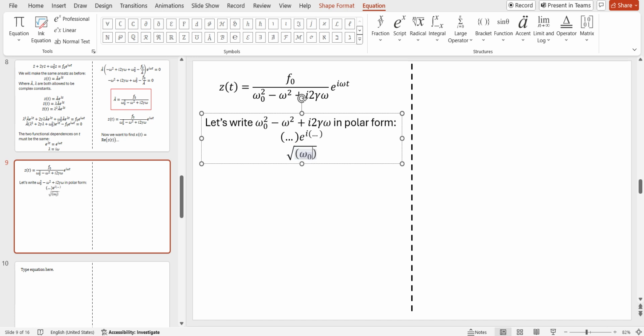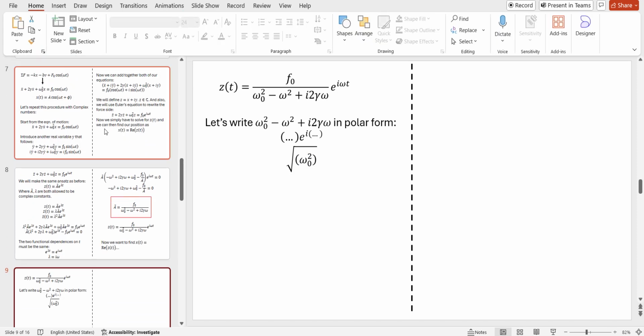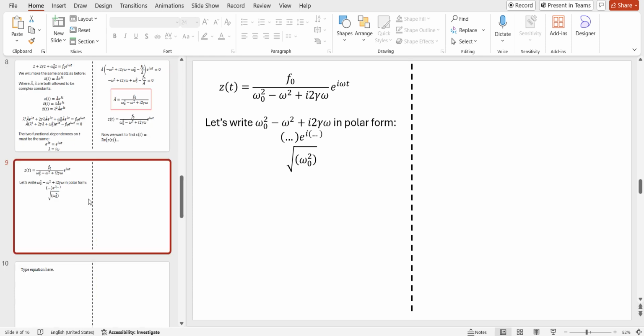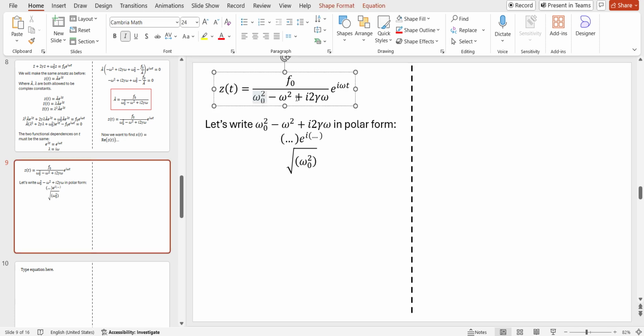omega naught squared, and you know what? Give me one second. How did I write it last time? I want to make sure. Okay, I wrote it as omega squared minus omega naught squared. So let's actually keep that. So I'm gonna go ahead and change z. I'm gonna make this omega squared, and I'm gonna make this omega naught squared, and then I'm gonna add a minus sign to this part over here.